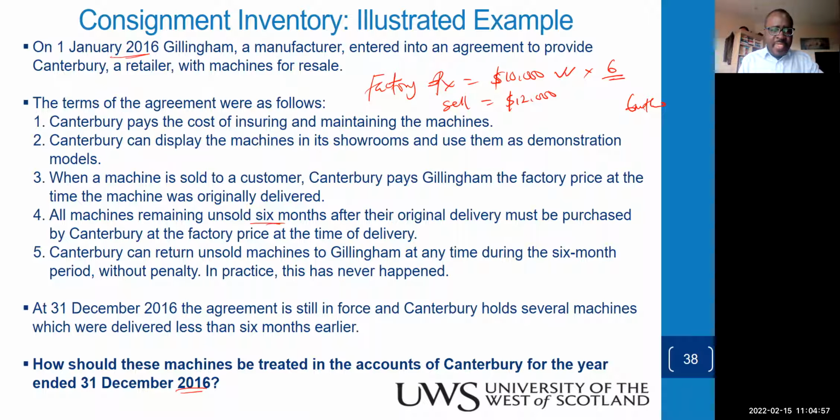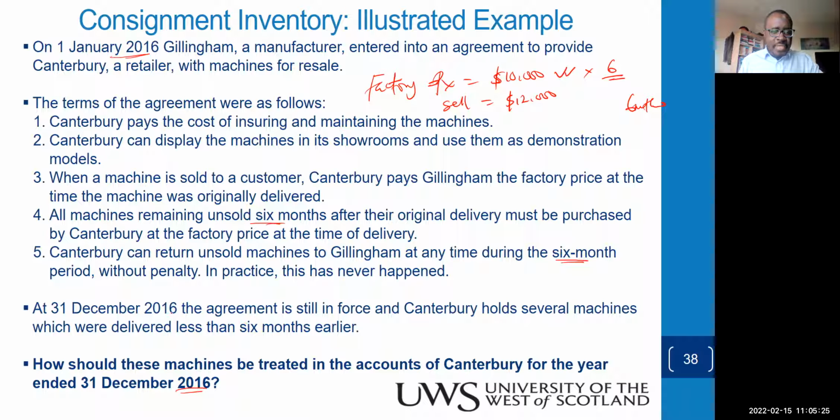Again, there's the option that Canterbury can return the unsold machines to Gillingham at any time during the 6 months. So if I realize it is 5 months, 20 days, I can return it without any penalty. But in practice, this has never happened, which means that technically, almost every time, the items are all being sold, or Canterbury ends up buying them after the 6 months. But in theory, typically in practice, he's not returned it to the manufacturer before.